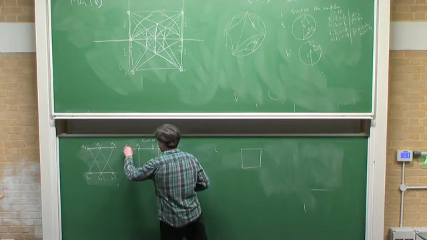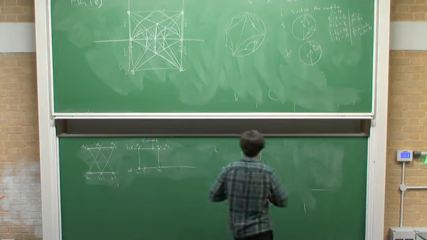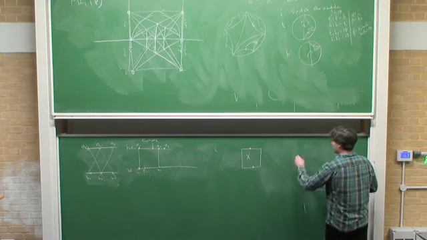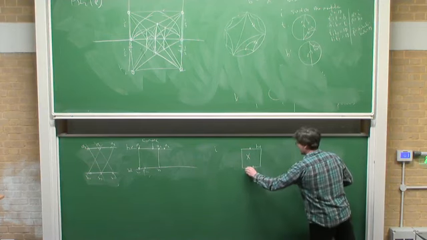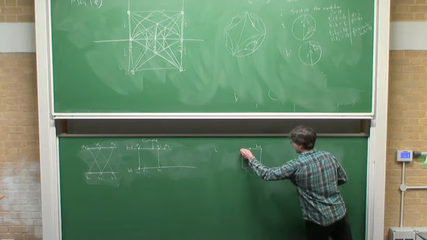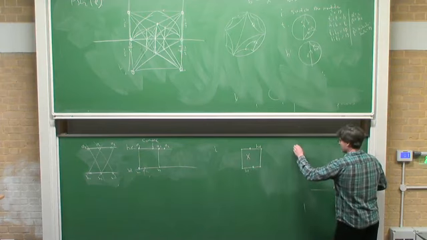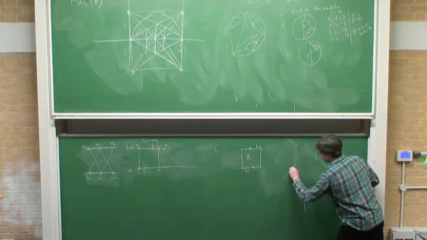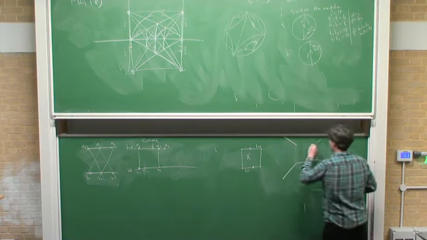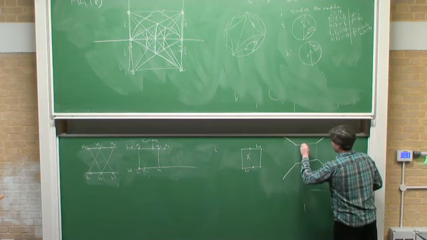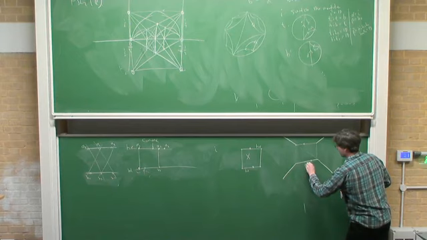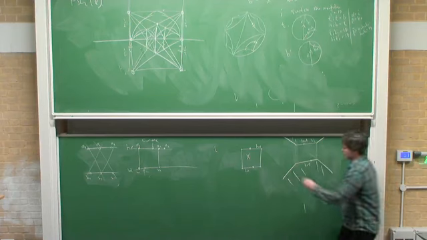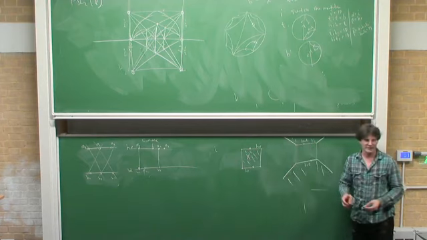So a box comes with a top and a bottom. Here's a box, maybe I'll call it X. These convex boxes also have a convex interior.